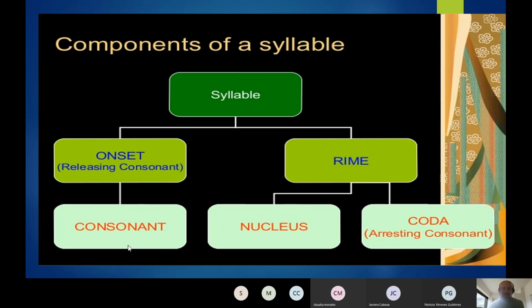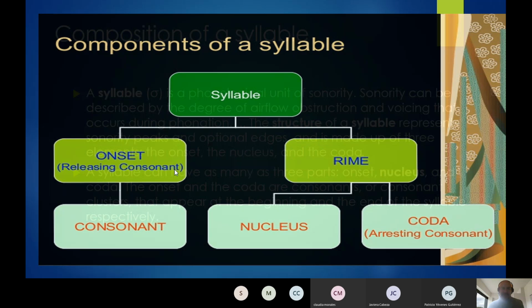In the onset, we will always find consonant sounds. And in the coda, we will always find consonant sounds, because a syllable has only one vowel sound. That's called the nucleus, or the peak, of the syllable. That was what we talked about last session, right?